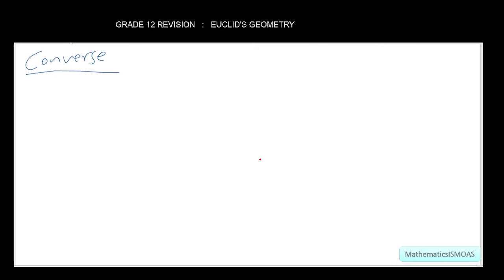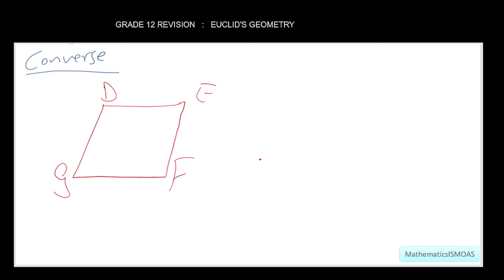let's say we are having quadrilateral DEFG, and then FE is produced to S. And then we're having angle E1, and angle E2.